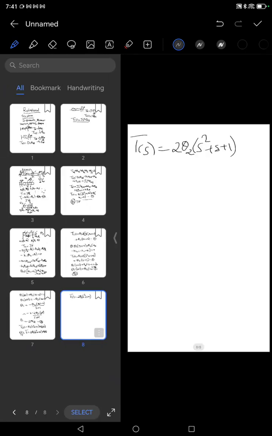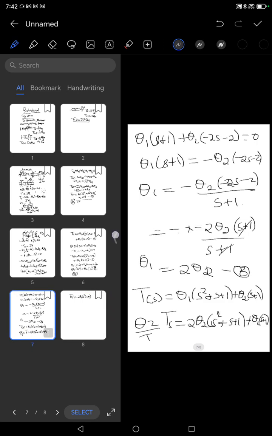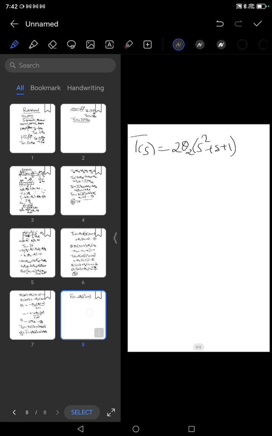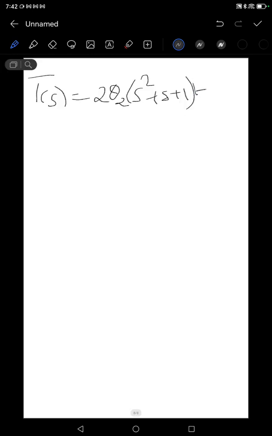The T of S equals 2 theta 2 into S squared plus S plus 1 plus theta 2 into S plus 1.